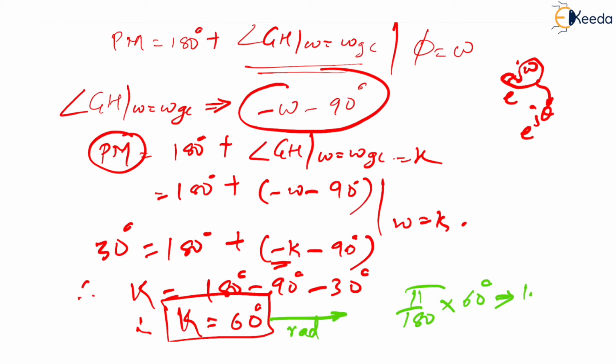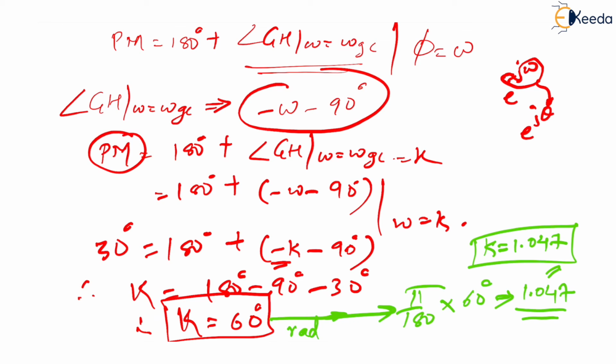Whatever answer I get, I get 1.047. So the value of k is 1.047. That's it. You just converted it into radians. Now let us see some more problems.